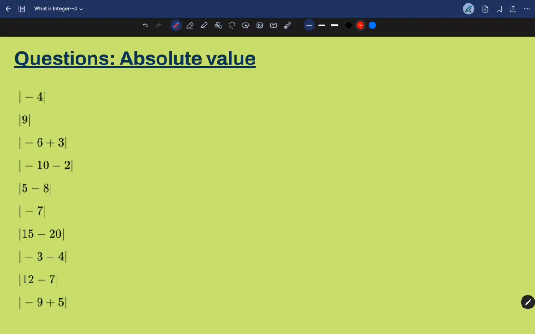Here I have brought you some questions for absolute value. The symbol that absolute value uses is these two bars around a, where a is any number, any integer, which could be negative 500. That will change to positive 500.